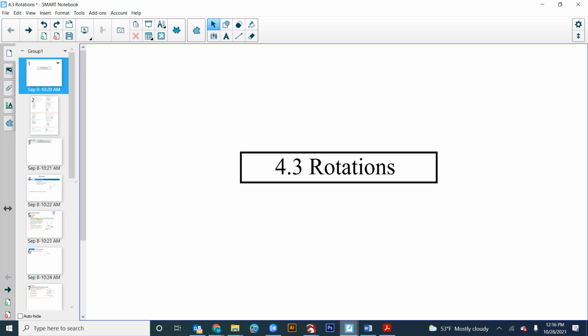When it's down at 6 o'clock, the hand is upside down. When it's over here at 9 o'clock, it's like this, and when it's up here at 12, it's like that. That is a rotation.